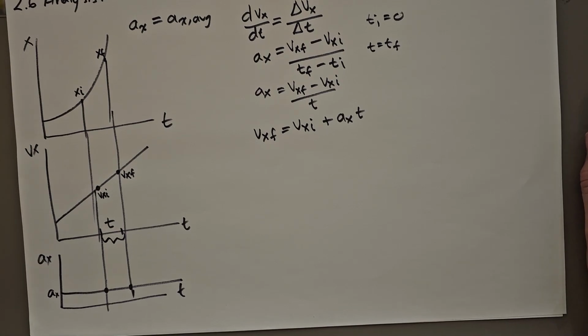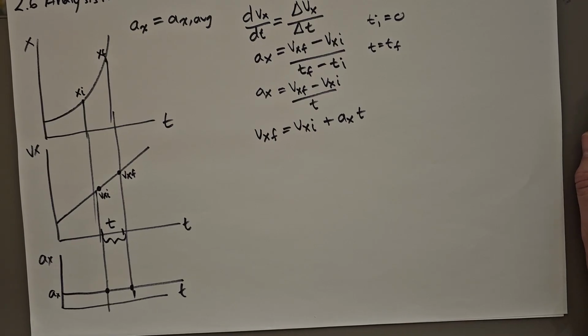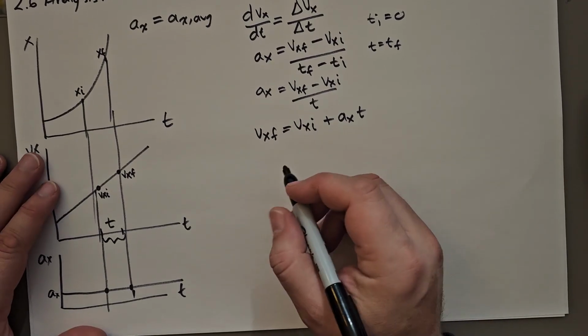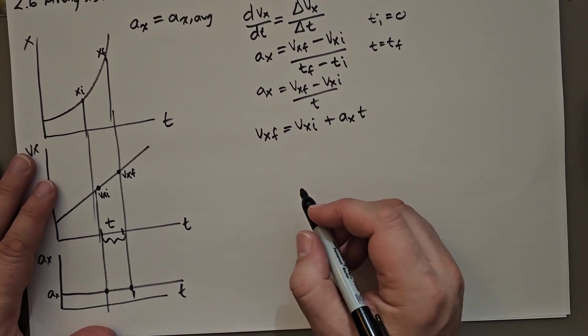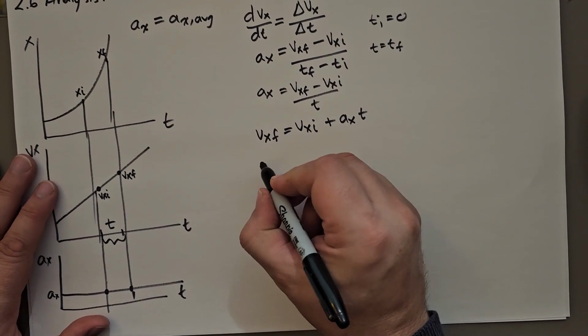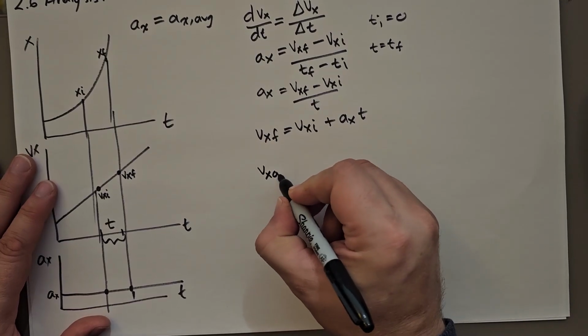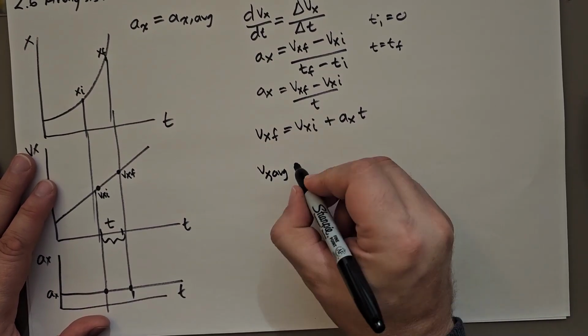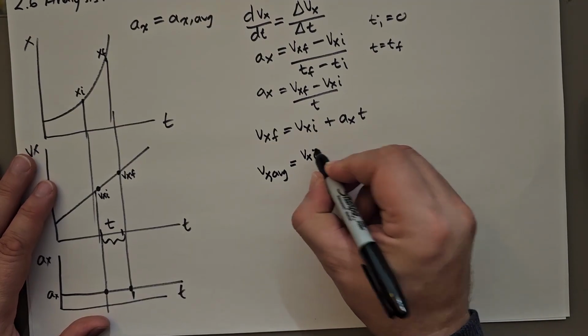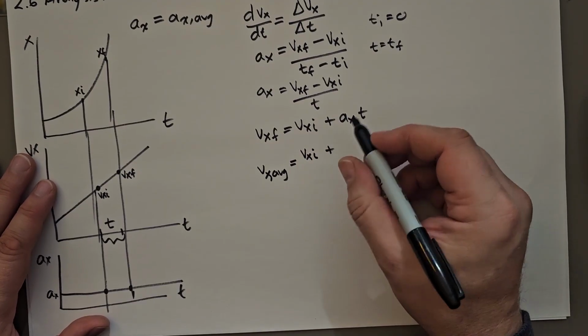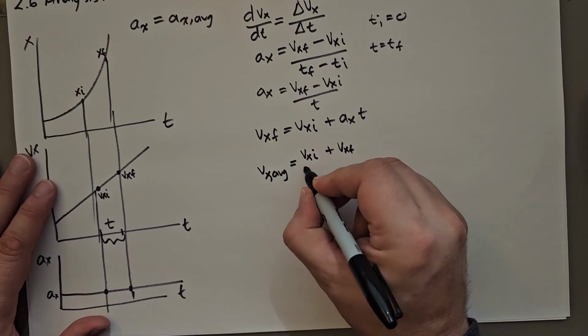Because velocity at constant acceleration varies linearly in time according to equation 2.13, we can express the average velocity in any time interval as the arithmetic mean of the initial velocity Vxi and the final. So the average velocity is going to be the initial velocity plus the final velocity over 2.